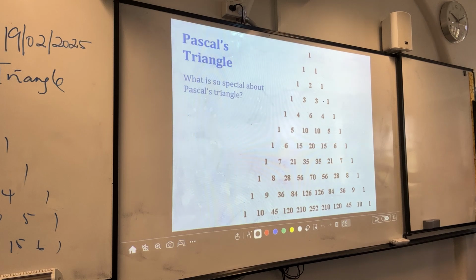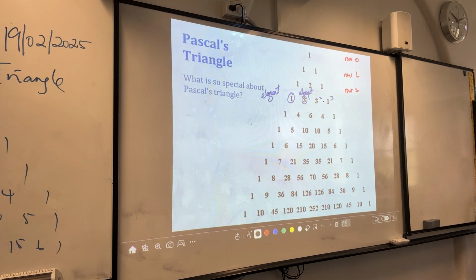So this is row 0, row 1, row 2. And in each row, this is element 0, element 1, 2, and 3. So we always start off with 0.